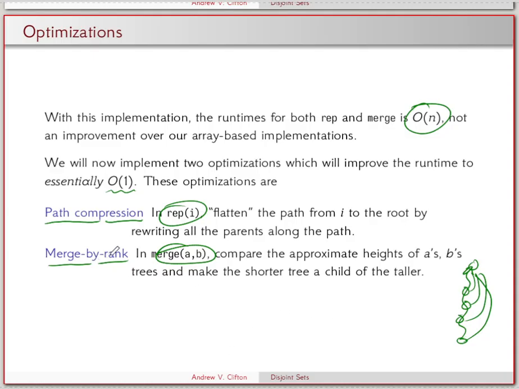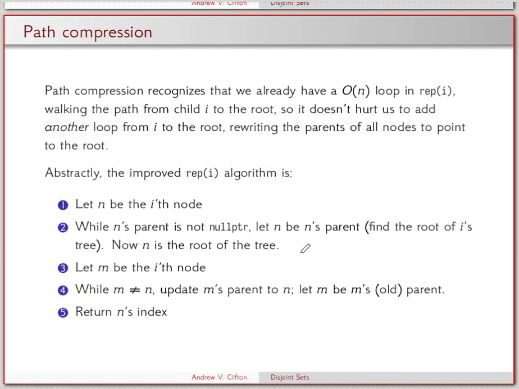In merge by rank, the idea is that when I'm merging 2 trees, if I have a short tree and a tall tree, I should make the short tree be a child of the tall tree because that keeps the overall height the same. If I do it the other way around, the height increases. So we want to be strategic in how we merge and make shorter trees into children of taller trees.